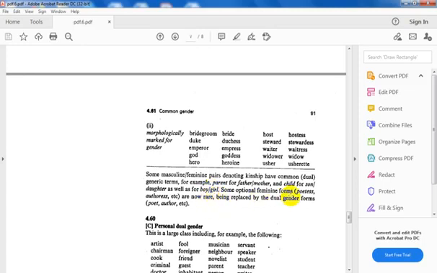Some optional feminine forms, poetess and authoress, are now rarely used, replaced by the dual gender form, using she poet or she author. That is, there are these things referred to as gender classes.